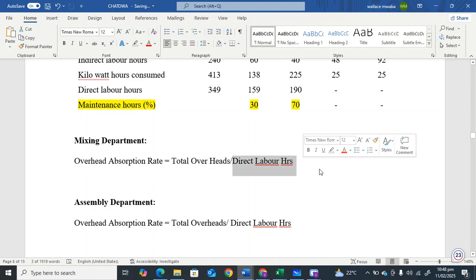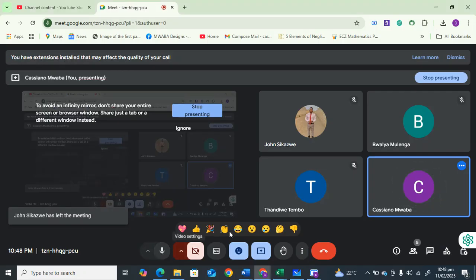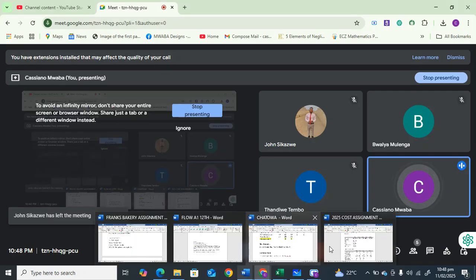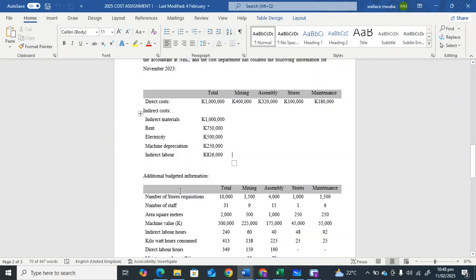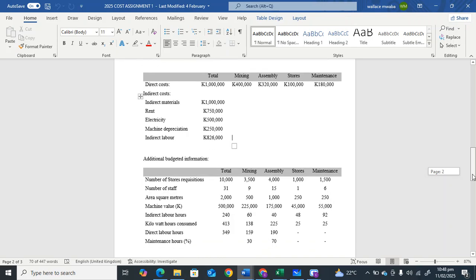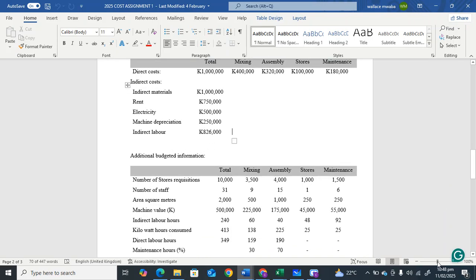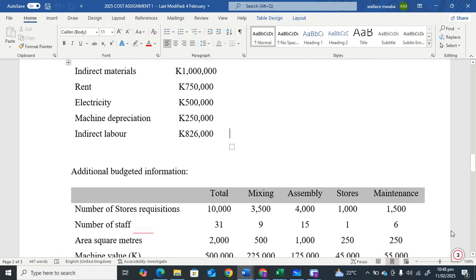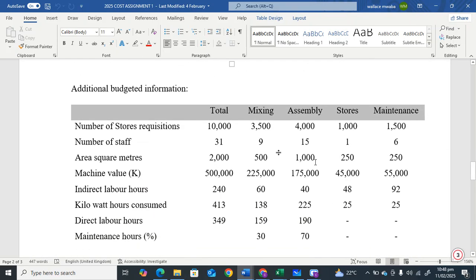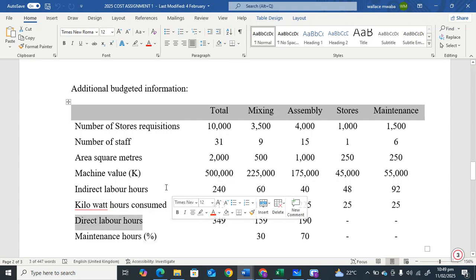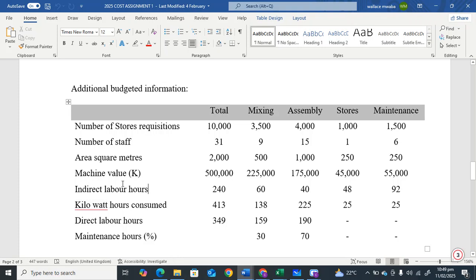Okay. You can choose what base you want to absorb the overheads with. Again, the bases you can choose from this additional information. You can say, for the mixing department, what base do we want to absorb our overheads with? You can use kilowatt hours consumed, direct labor hours, maintenance hours.